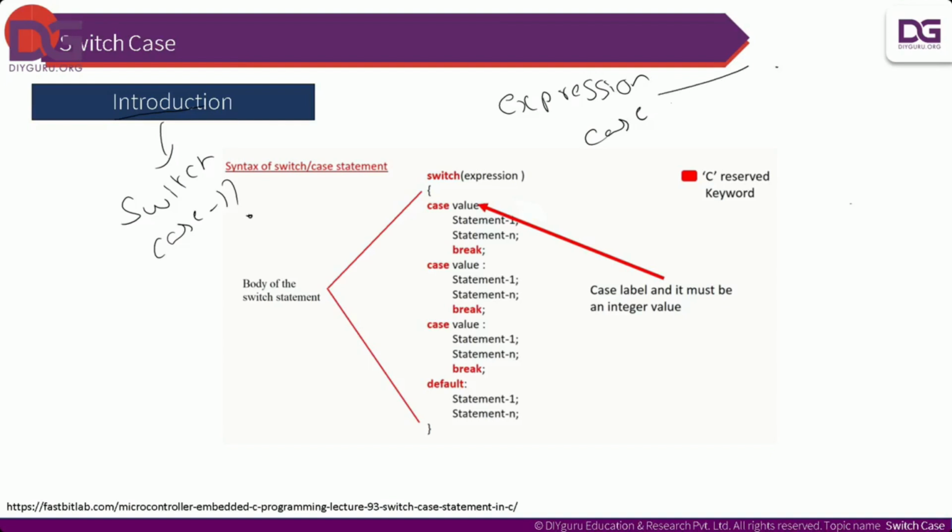If your expression has multiple different cases, say A, B, C, that time you can use a switch case. Each case needs to have a different state. Let's say I'm taking a sensor with a protection algorithm.